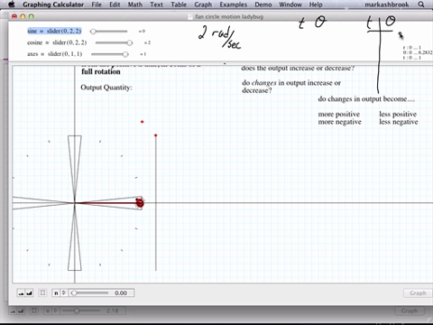Okay, so if this is twirling at 2 radians per second, then after 1 second, how many radians have we gone? 2, right? So after 3 seconds, if it's going 2 radians per second, it means every second the ball goes 2 radians. So in 3 seconds, 6 radians.